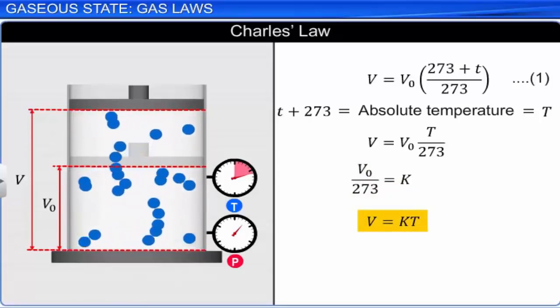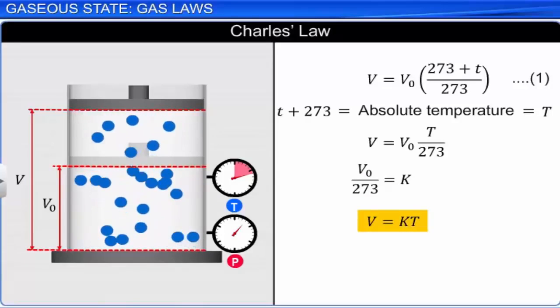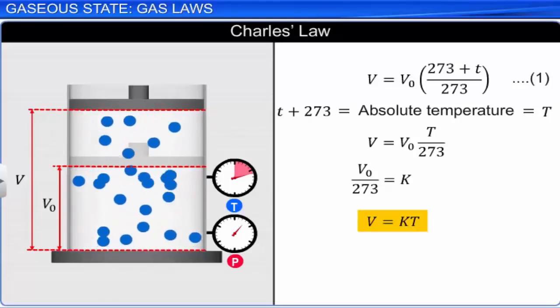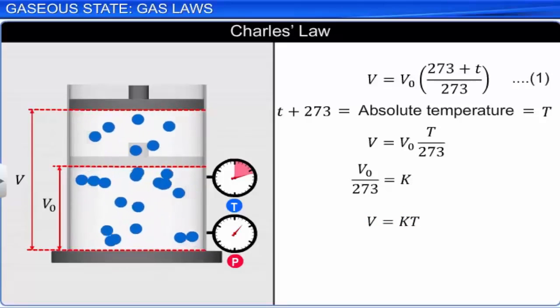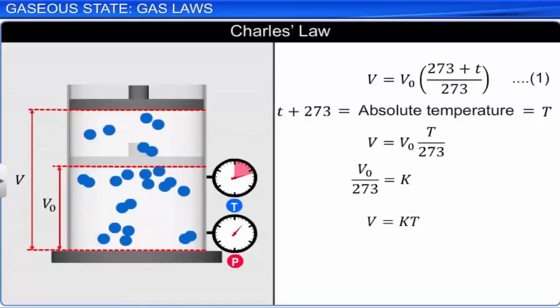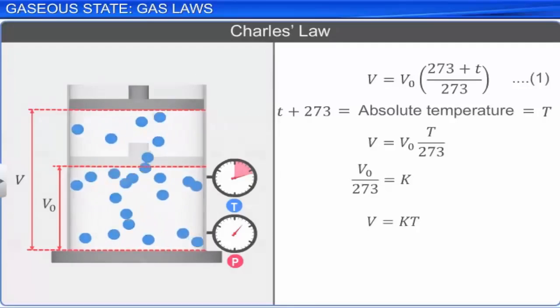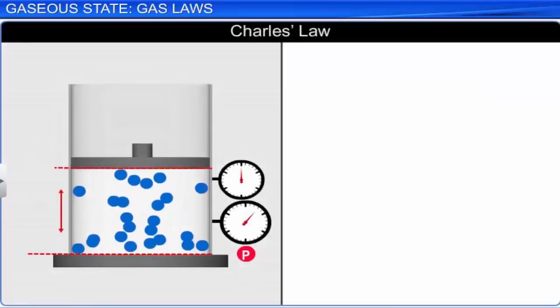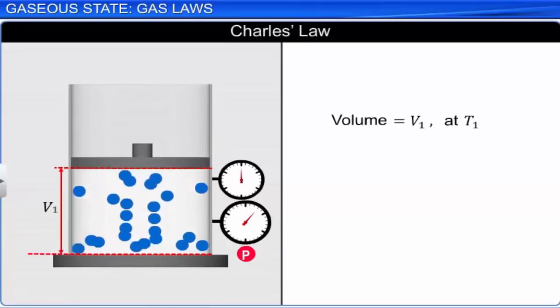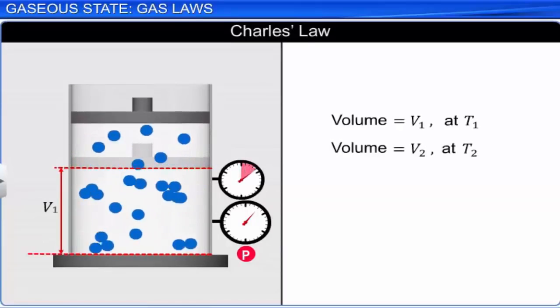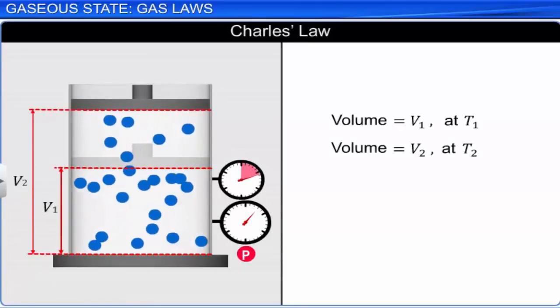This is a mathematical expression for Charles' law, which states that the volume of a fixed mass of a gas is directly proportional to its absolute temperature if the pressure is kept constant. If a given gas occupies volume V1 at T1 temperature and volume V2 at T2 temperature, then by Charles' law, V1 by T1 is equal to K constant, which is in turn equal to V2 by T2.